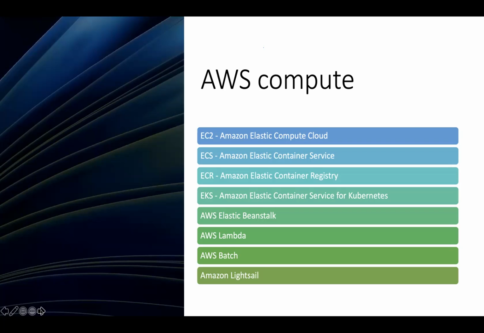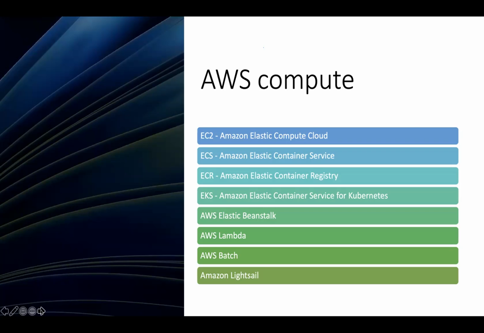The resources are EC2, Amazon Elastic Compute Cloud. Next one is ECS, Amazon Elastic Container Service. Third one, ECR, Amazon Elastic Container Registry.